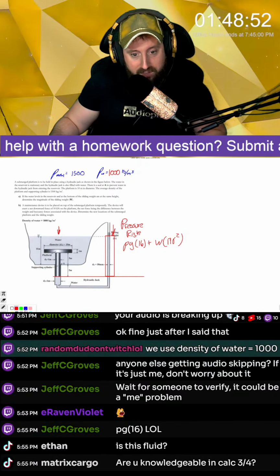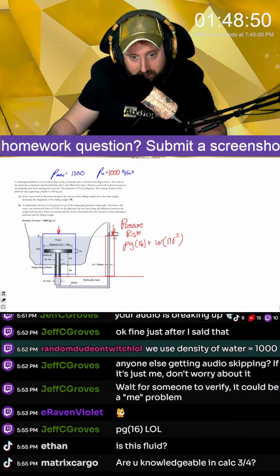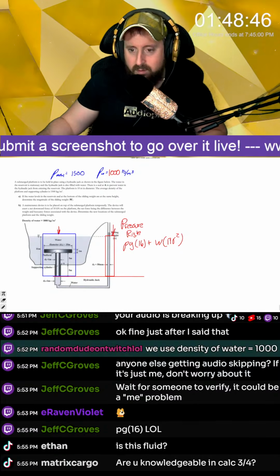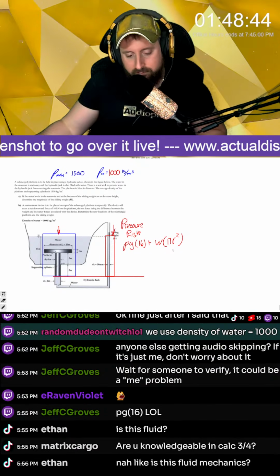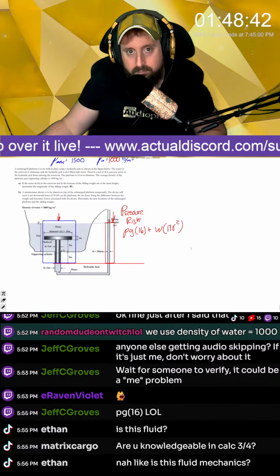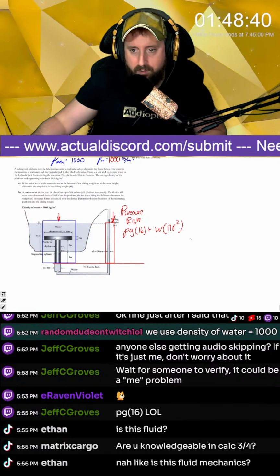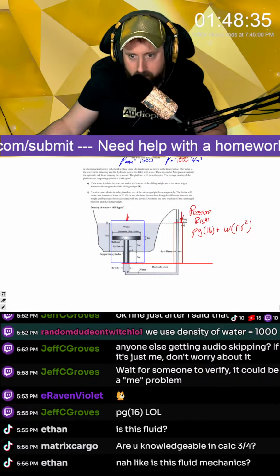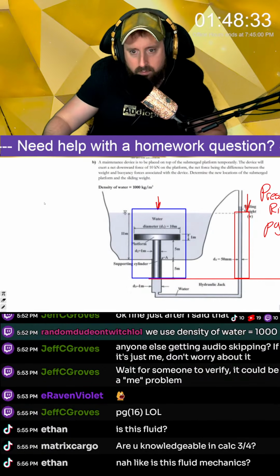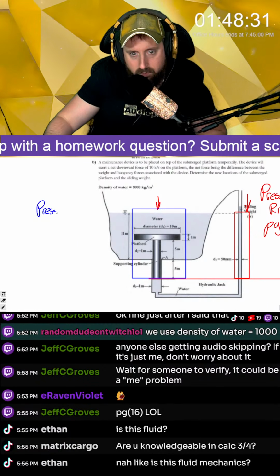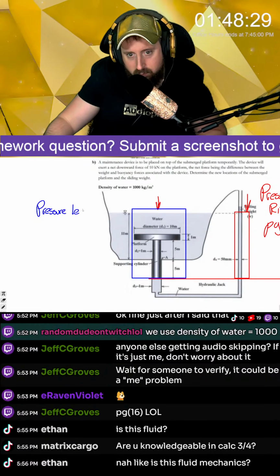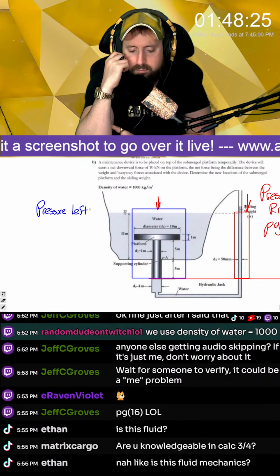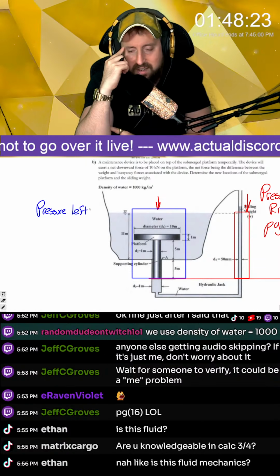Okay, so let's look at pressure on the left. This is where things get a little bit weird, right? Oh, yeah, this is fluid mechanics. Okay, let's look at the pressure on the left. Now, here's the interesting thing.